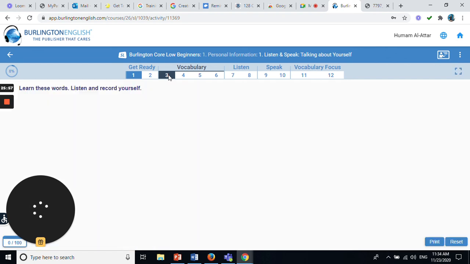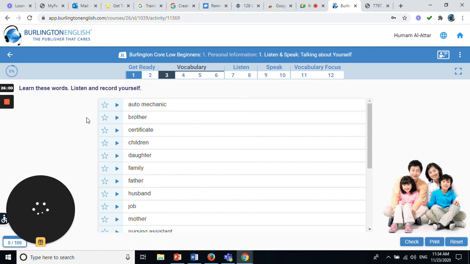You can also practice the vocabulary here. Now on this one, I'm just showing you how to do it, and I will go back to in-class lessons after this one. If you click on this little thing, that will play the sound of the words.